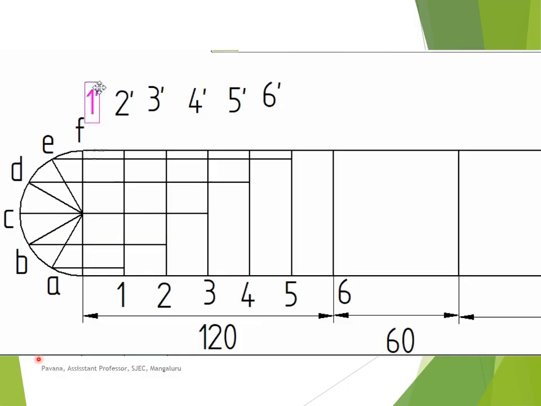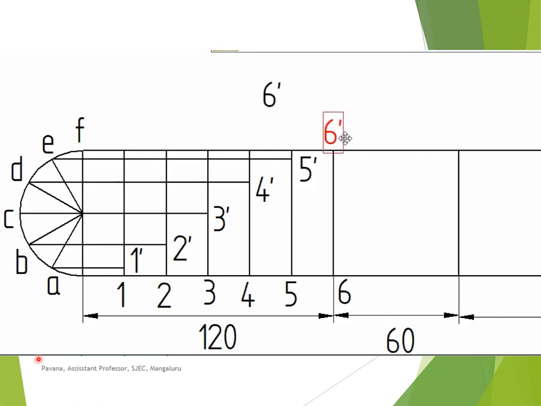So this intersection point is very important for us. 1 dash, 2 dash, 3, 4, 5 and finally 6. So these intersection points are very important.